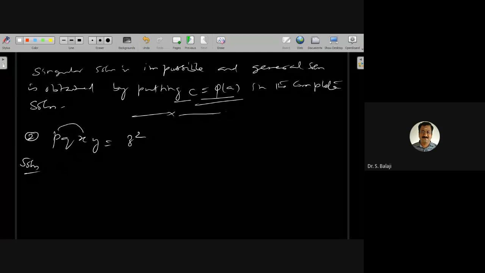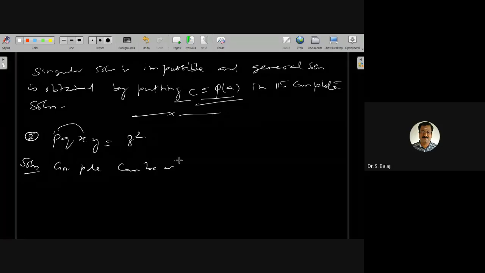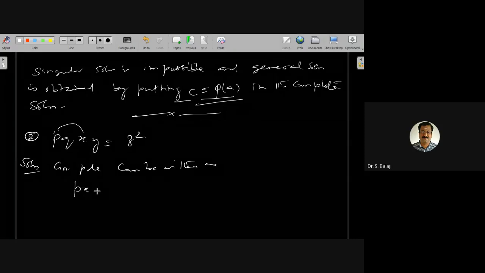you can club px and after dividing by z square here, the given PDE can be written as you have to club x and qy, that type of relation here. Therefore, px and then qy equal to z square, divide by z square, then px by z and qy by z, one more z, then you can get 1 here.